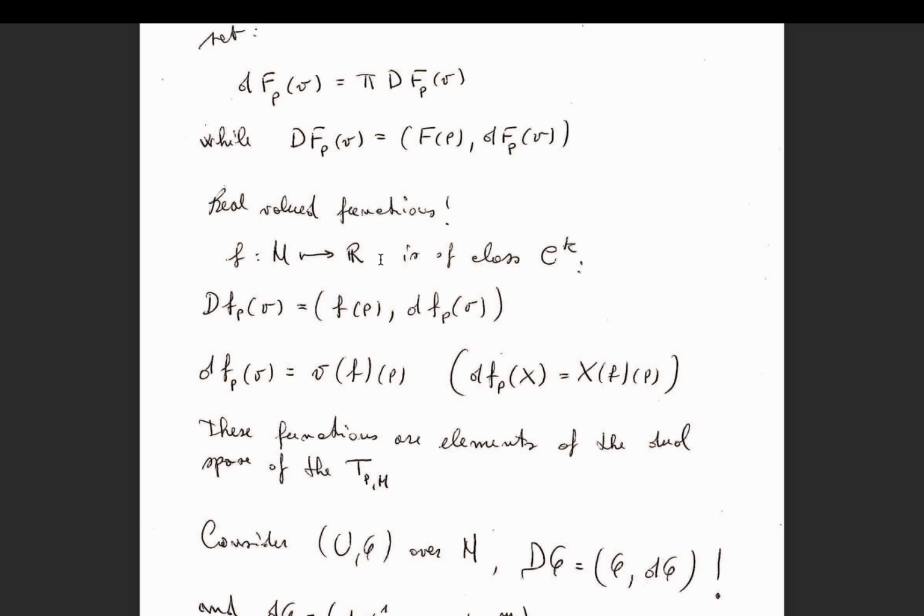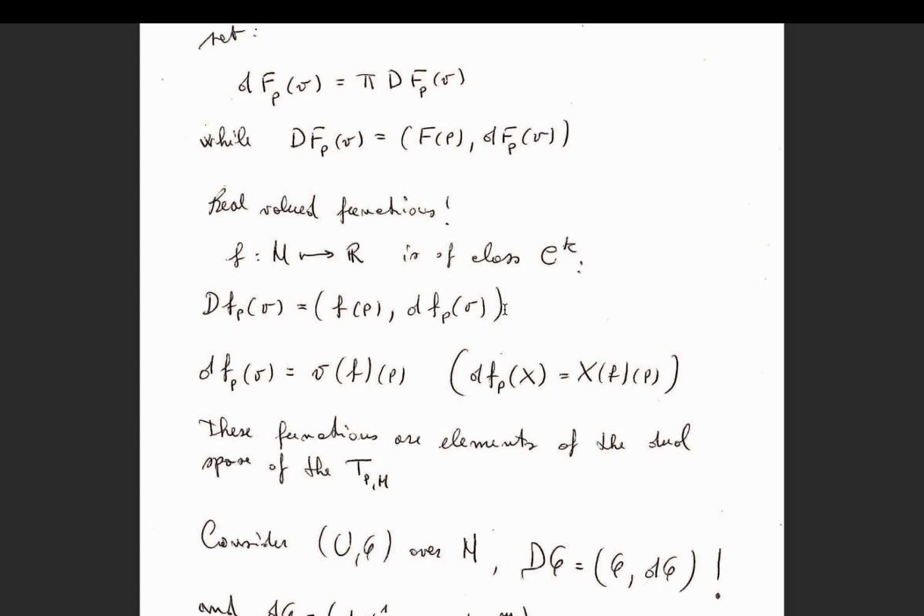We can build the differential of f, because f is a map which goes from M into the reals. For example, we can build the big differential df_p computed in v, but this is the couple, as we already said, the projection on the first component, f of p, and small d of f_p computed in v.